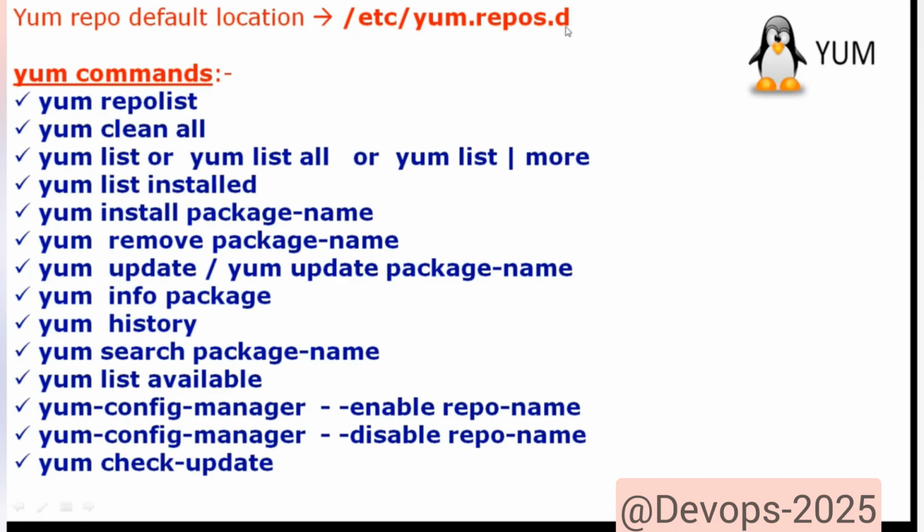This is the default location. The moment we perform any command using yum, first it will verify this location, /etc/yum.repos.d. Then it will check which repositories are enabled and whether the package is available or not. Only then will it perform the activity.